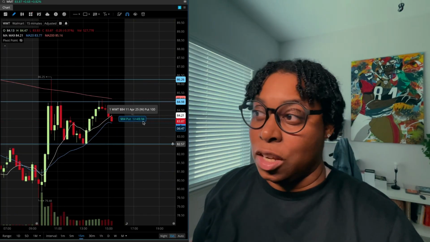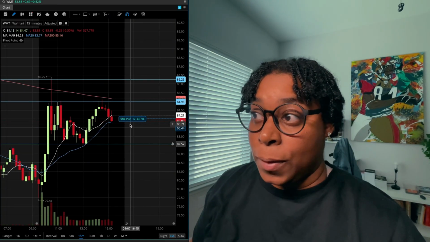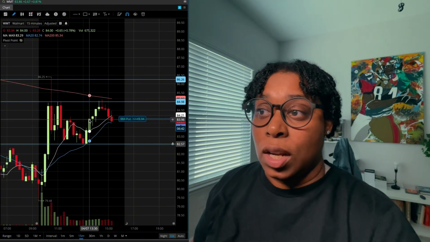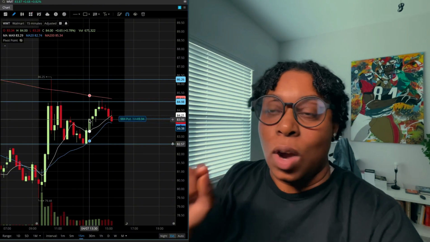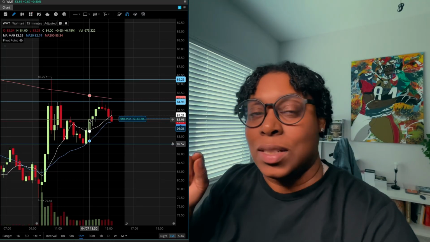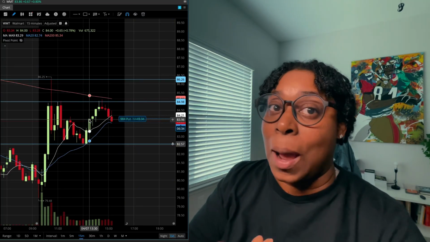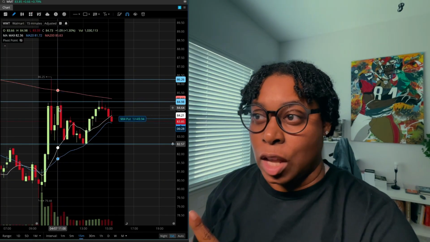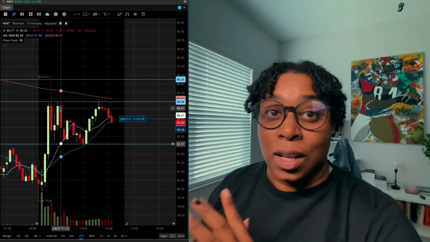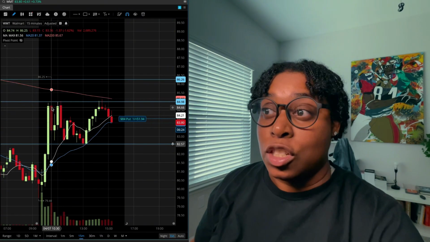As you guys see here, this play is currently open. Now, when you are looking for a support and resistance level, the main thing you're going to look for is what level this price is consistently hitting but will not break. If one candle equals 15 minutes, four candles is an entire hour.